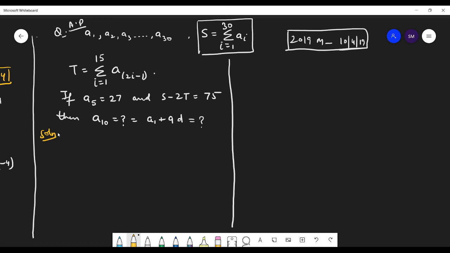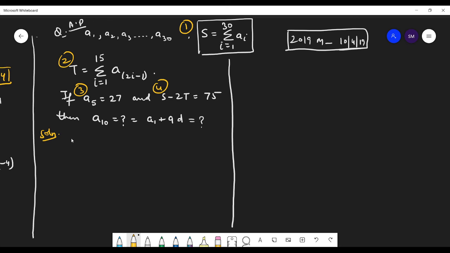Ready for the question, students? Let us use what is given to you. This is the first thing that was given to you. First, second, third, fourth. Four things are given to you.